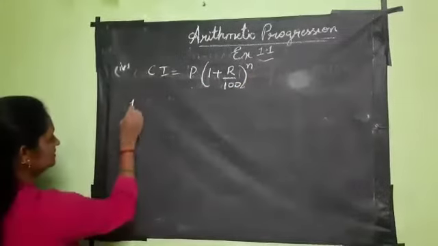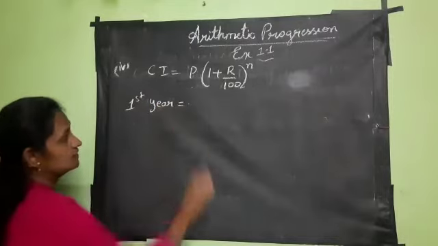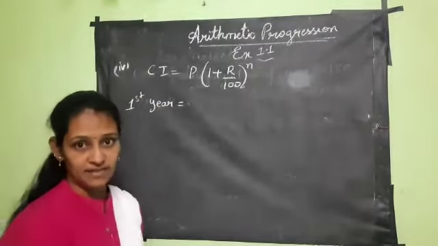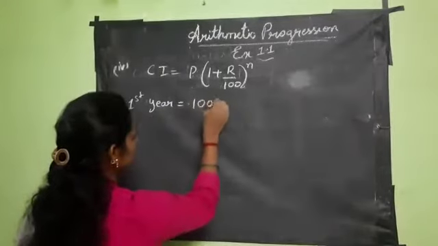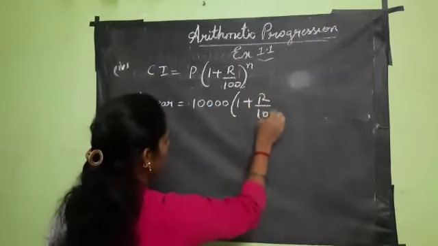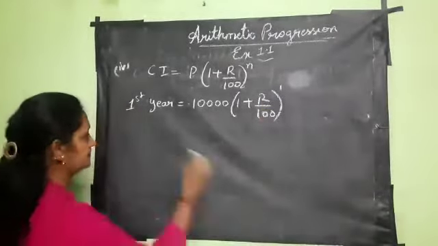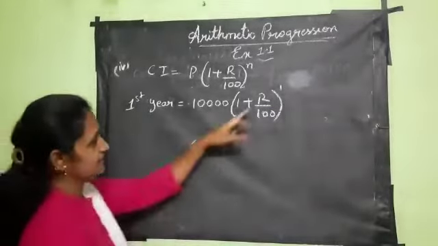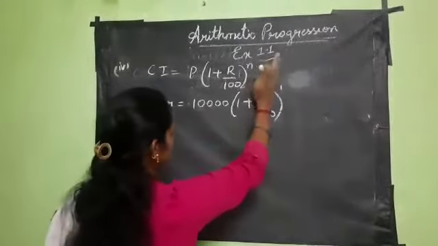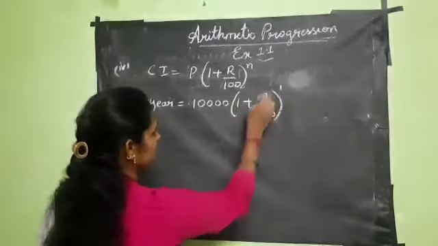So for the first year the amount will be 10,000 into 1 plus r by 100. Since it is the first year, the power will be 1, and r is nothing but 8.